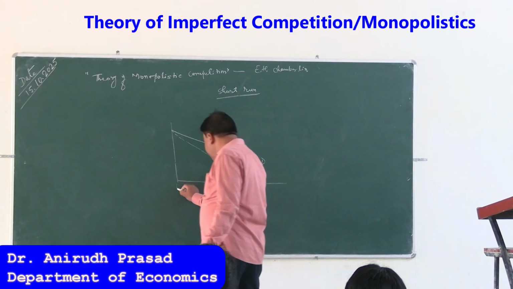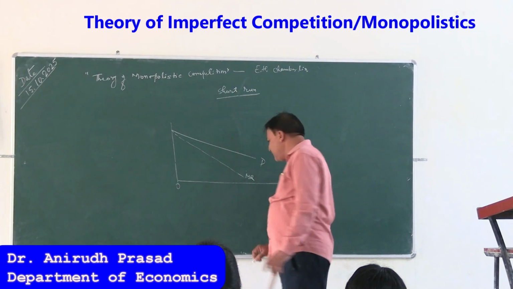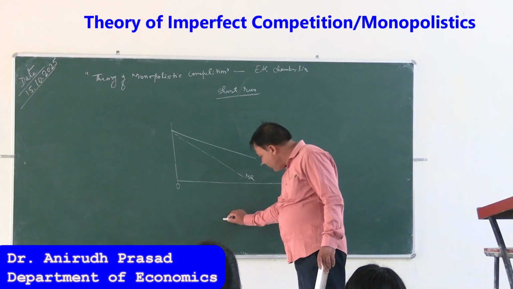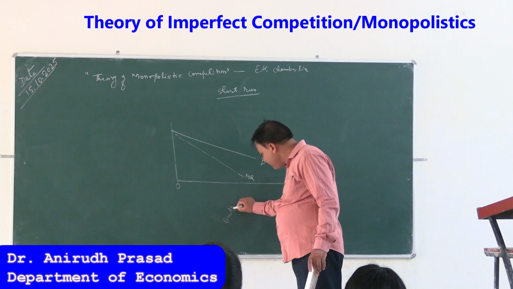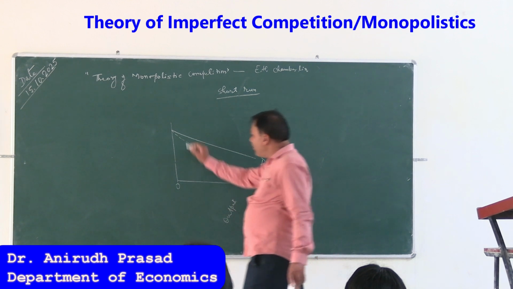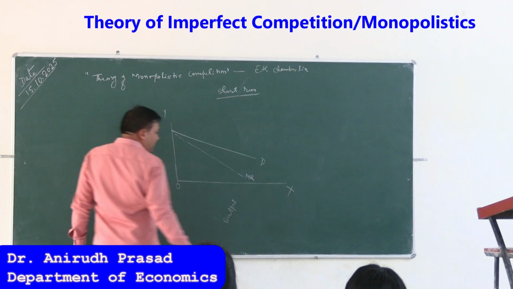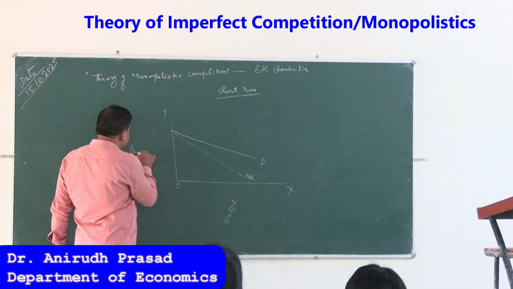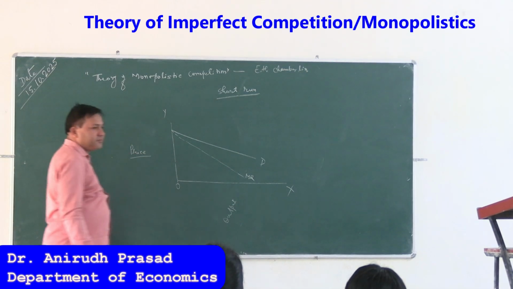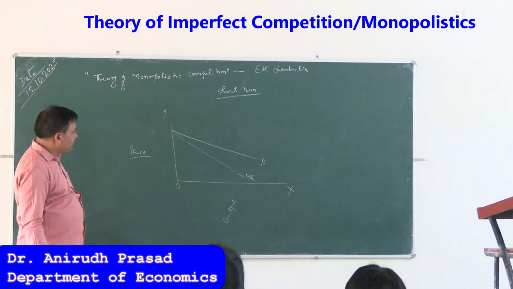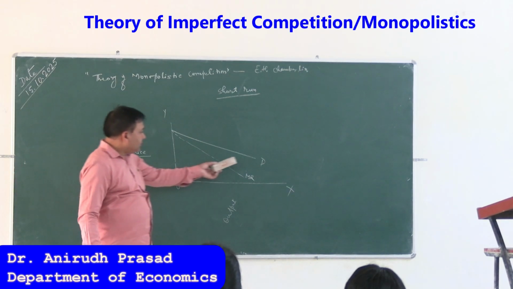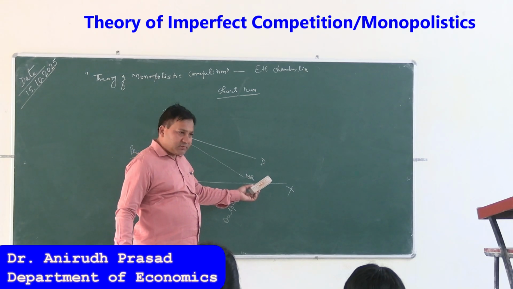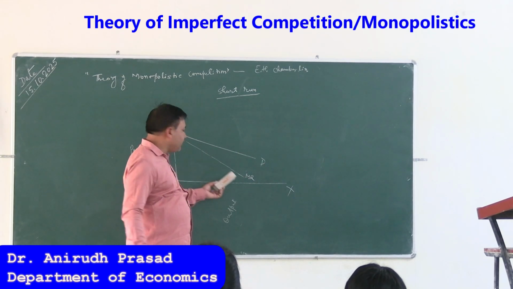On the OX axis, that is the horizontal axis, we have taken the output. On the OY axis, that is the vertical axis, we have taken the price. This is the demand curve that slopes downward, and this is the MR curve.